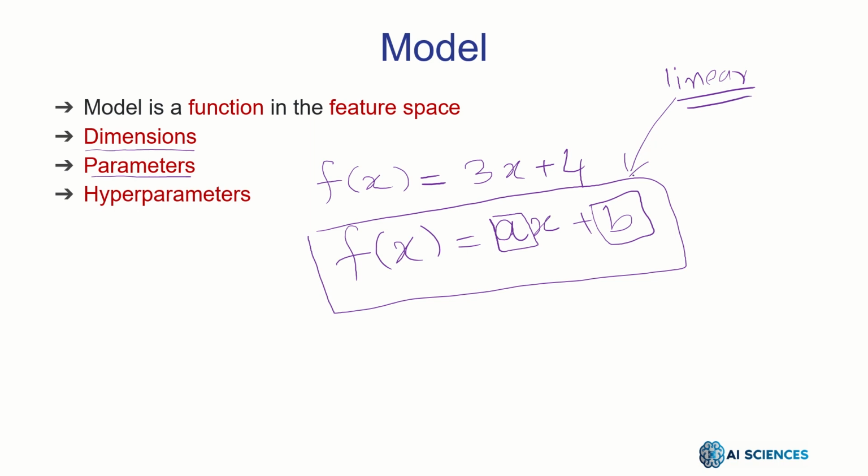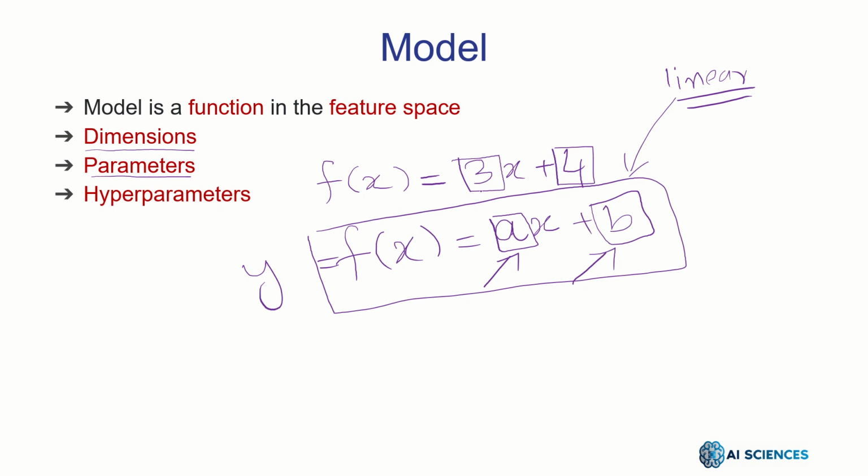Who told us that the relationship between x and y indeed is linear? Well, if we assume it is linear, then we can estimate the parameters. But even if it is linear, what are the parameters? Because if I change the number 3 to some other number and 4 to some other number, that function is still linear.